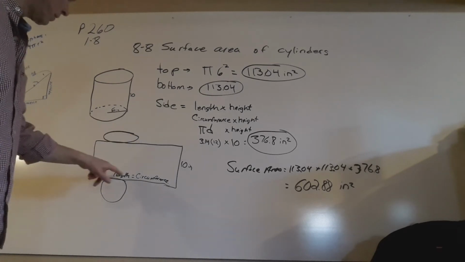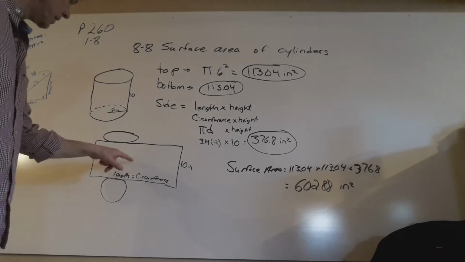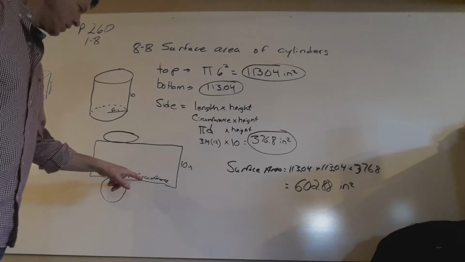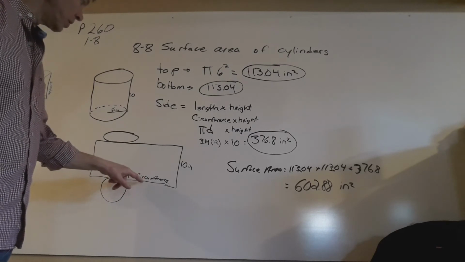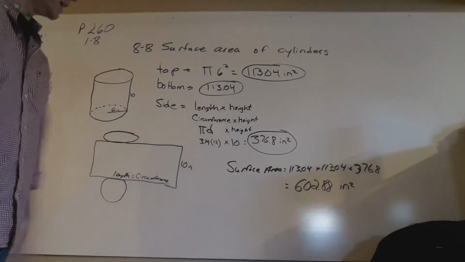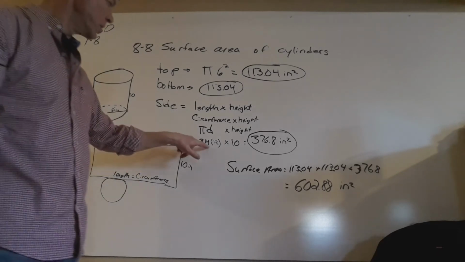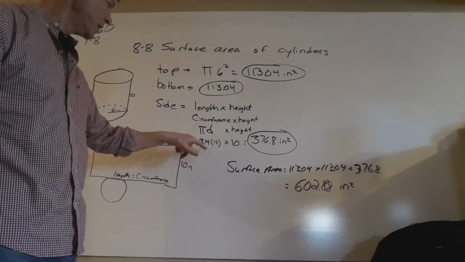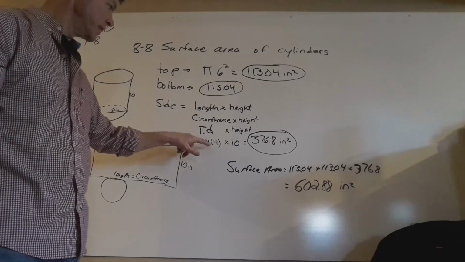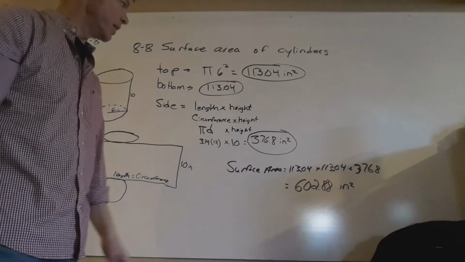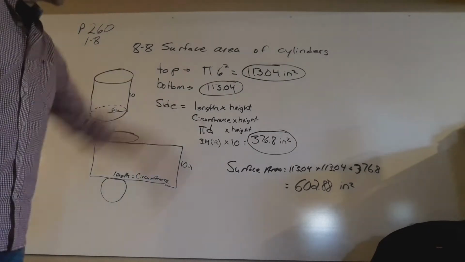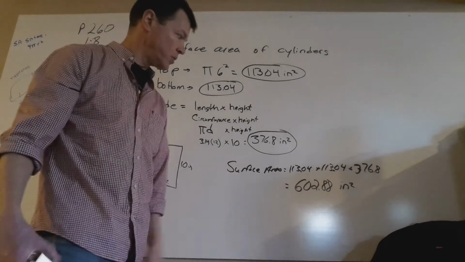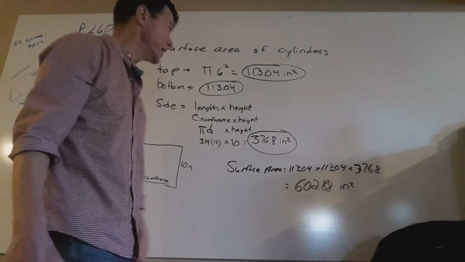So the length of this rectangle piece, the side of our can, is equal to the circumference. Then you just have circumference times the height. Circumference, 3.14 times 12, times the height gives 376.8. Three parts to our can to get the surface area, and the total surface area is 602.88.